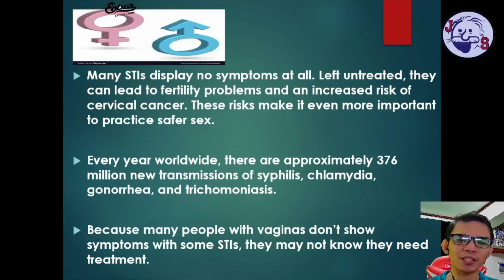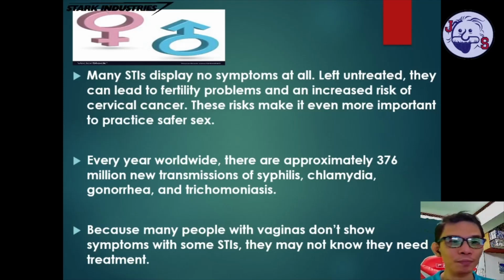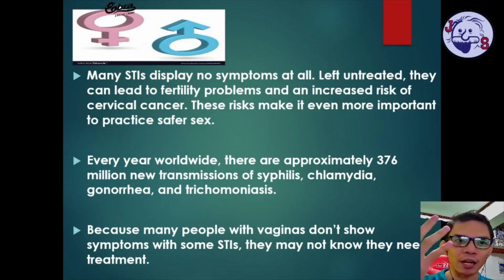Because some of these diseases don't show any symptoms at all, many people take these infections for granted, and that is why they infect more people, or they likely die of that particular disease. In this case, early detection is required in order to prevent these infections from becoming a full-blown disease.